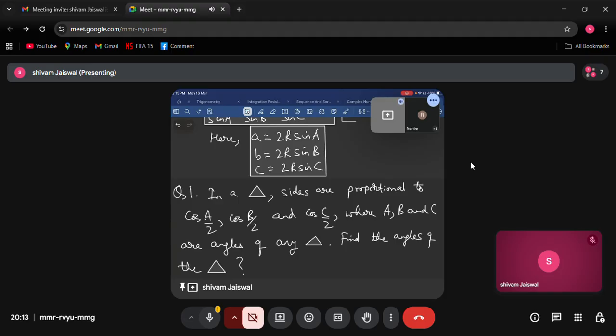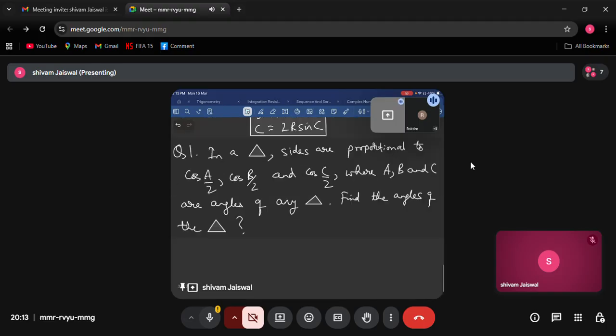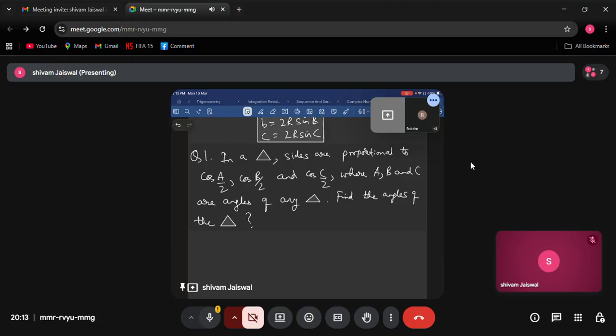Everyone see, over here the sides are proportional to cos A by 2, cos B by 2, and cos C by 2. Generally the sides are proportional to sine of some angles, so we need to convert all of them into sines.